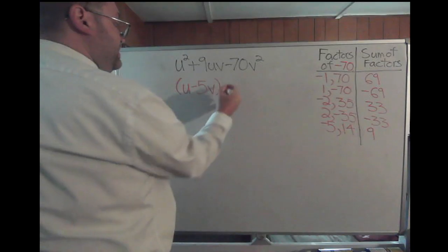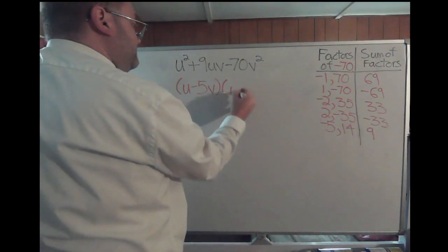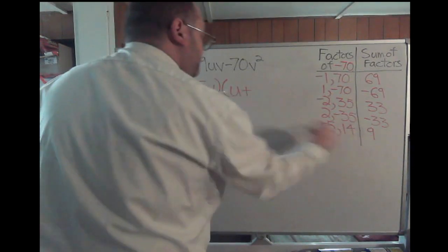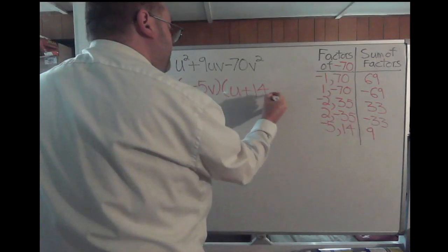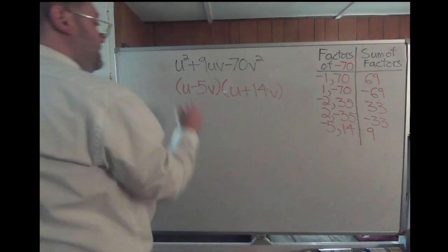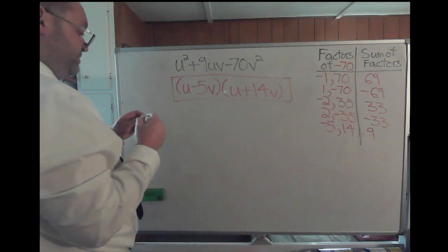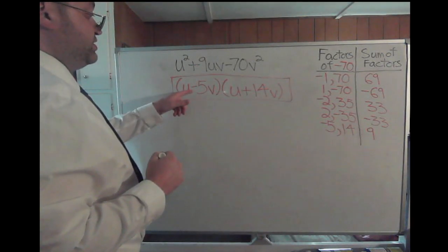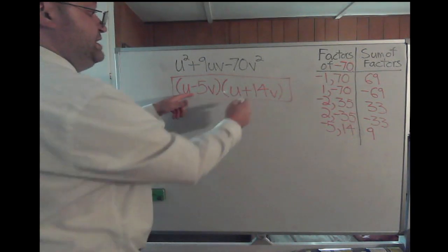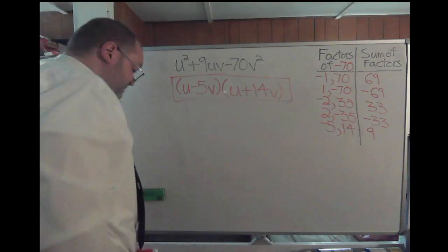So you'd have u minus 5v times the quantity of u plus 14v. And that would be your factorization you should get for this polynomial.